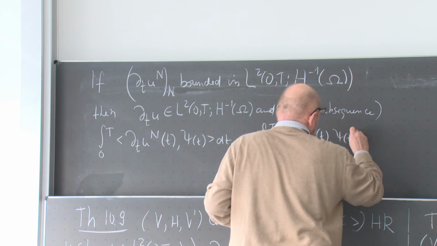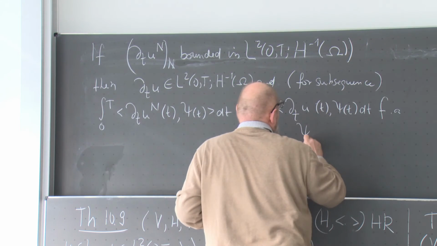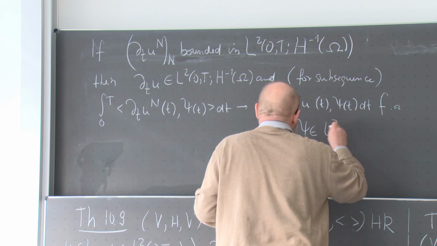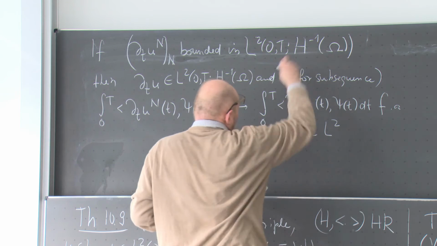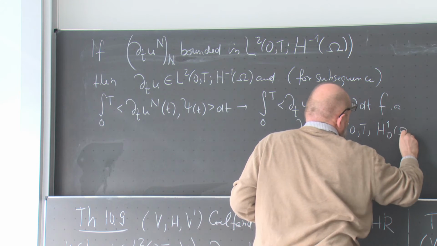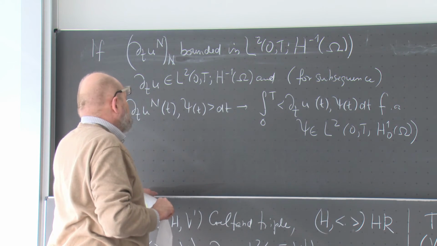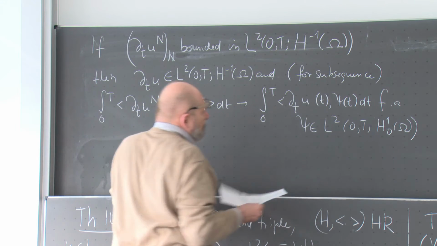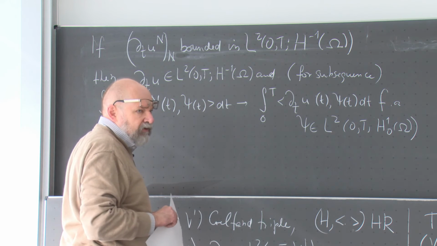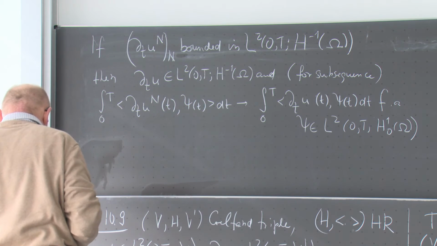And now the test function psi, for all psi from where? The corresponding dual space now, and the dual of this one is L2(0,T; H10(Omega)). This is now more restricted with the test functions, but still enough to have, as a consequence, the distributional convergence, and so to speak, to have the comparability of all these notions of convergence.